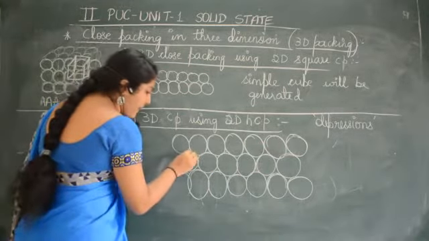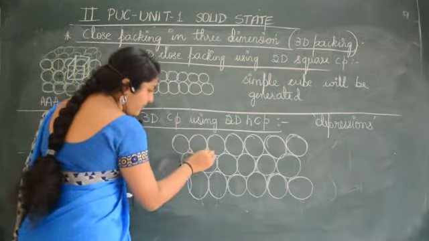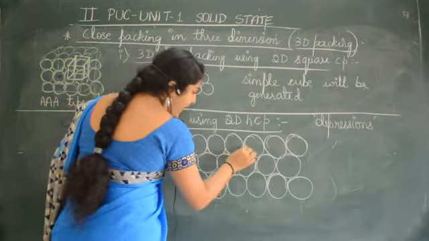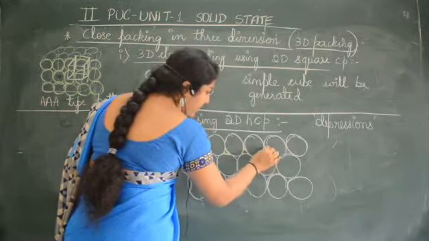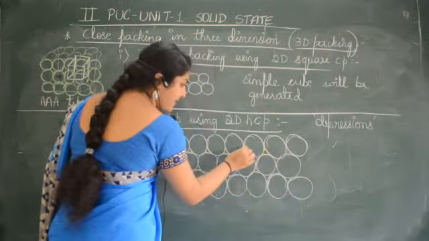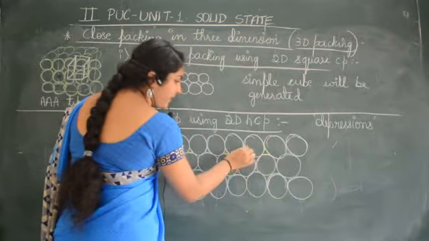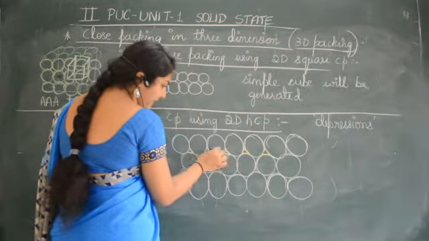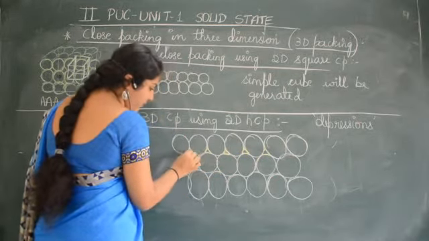Here the empty spaces you see, how do you see this? It is of a triangular shape, isn't it? Triangular shape where the apex, where the top of the triangle, is facing upwards here in the first row.